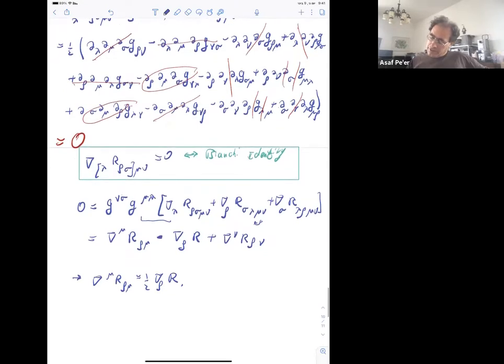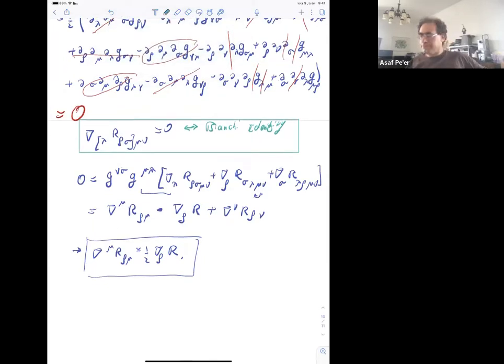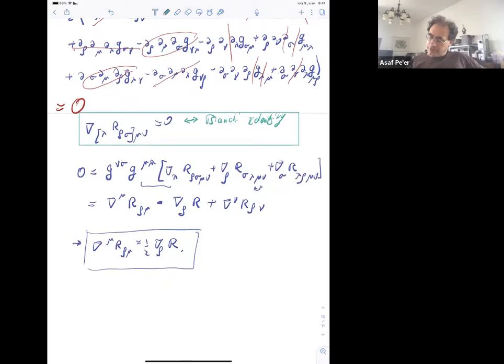Now, this I can write in a slightly different form by introducing yet another tensor. But this time it has a name, which is called the Einstein tensor. If I'm introducing that name, that means that we are pretty close to using it to do physics.